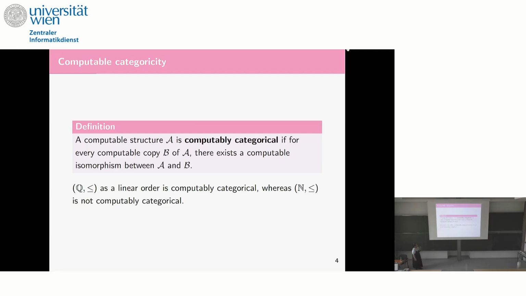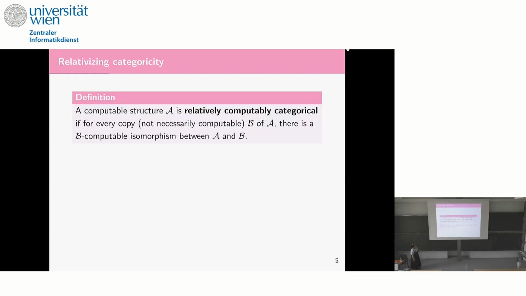Okay, so we look at this notion, and there are a few ways to relativize it. The very first way it was relativized, and the one that's really well understood, with a lot in the literature, is the following.